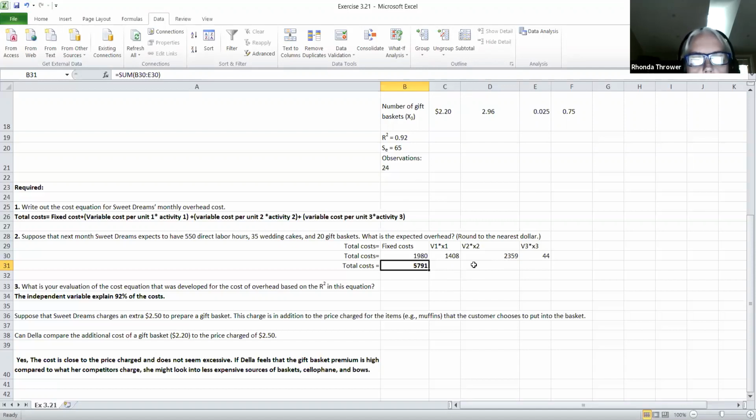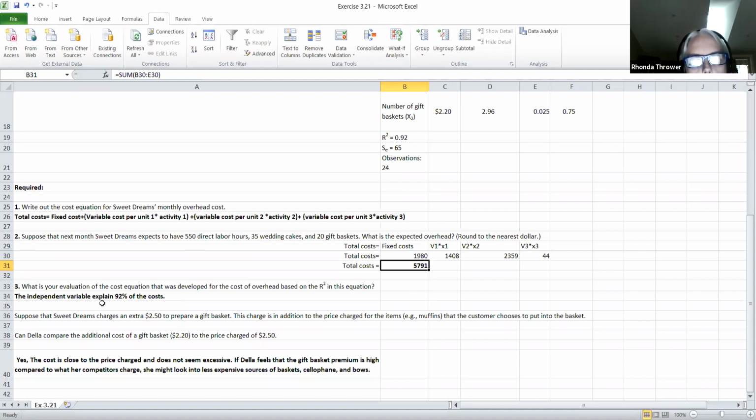The independent variable is your variable cost. And so 92% of this formula that we put into the regression analysis, it's saying that 92% of the variable cost that we have used explains the total cost.